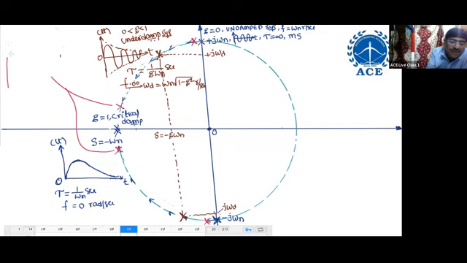Imaginary part small means the frequency of oscillations is low. So you will get the response like this. That means oscillations are very, very few, and time durations are large.